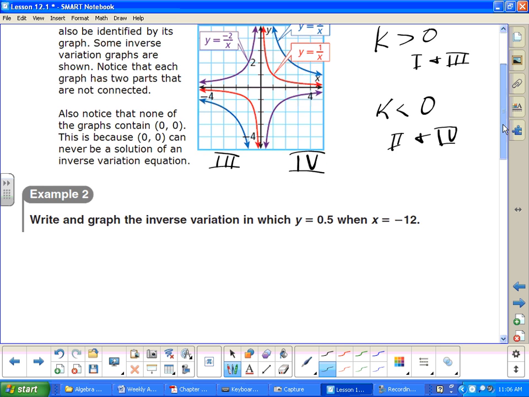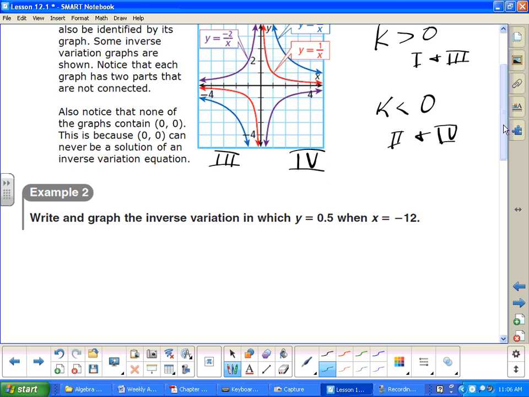All right? So example 2 says write and graph the inverse variation in which y equals 0.5 when x equals negative 12. So to write an inverse variation rule, we're trying to get y equals k over x, which is what all of our rules are going to look like. So we need to know the value of k. And how do we find k? We multiply x and y together.